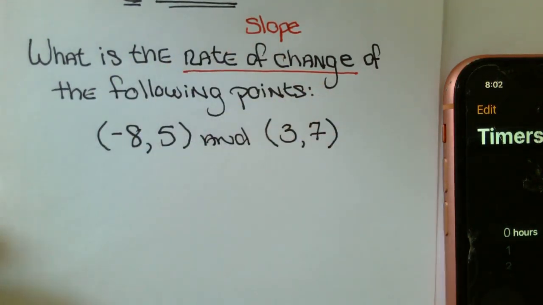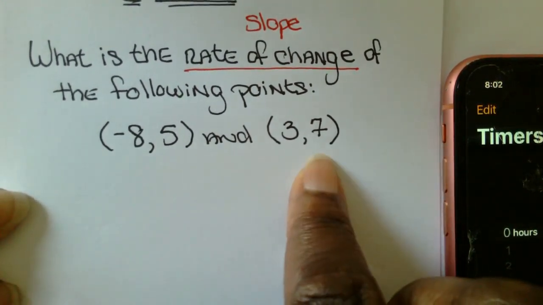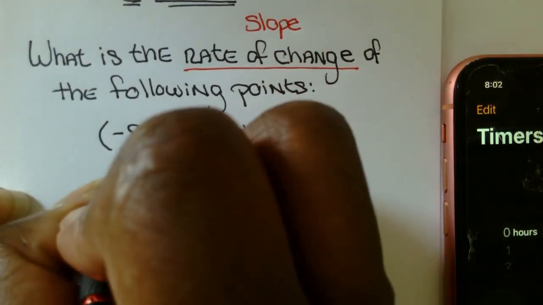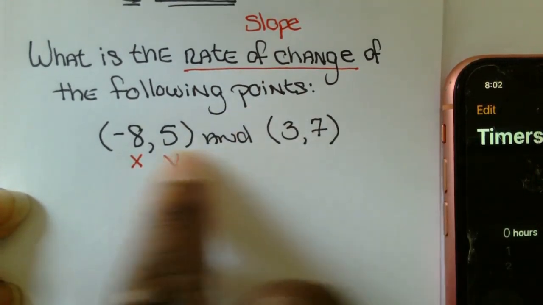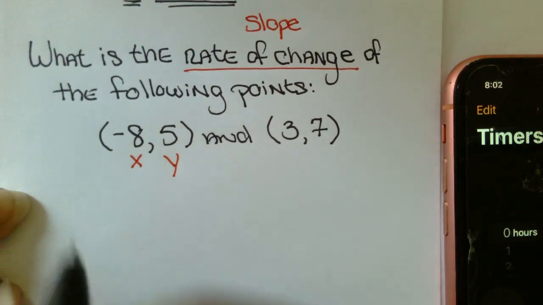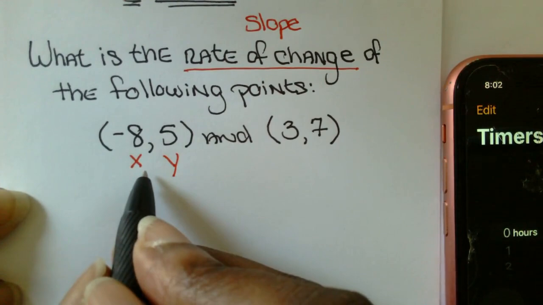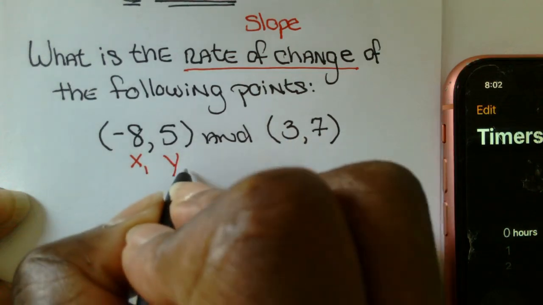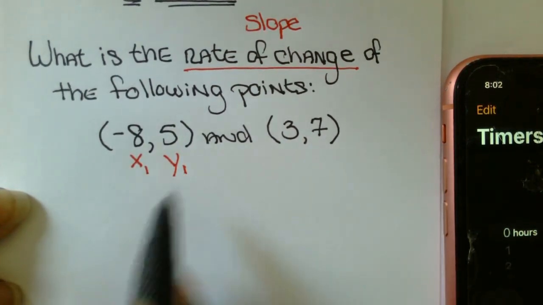So if they're giving us 2 points, and we go reading from left to right, this is going to be the first point that I see. Every point has coordinates. There's an x and there's a y. Since this is the first point I see, I'm going to put my subscripts of 1s.